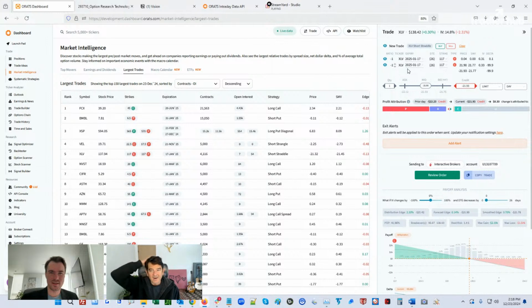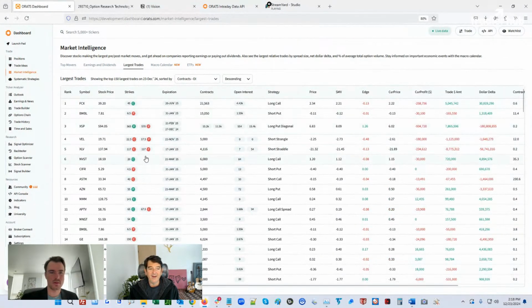Unless they had the stock and they were doing some type of a conversion, but it doesn't look like it. So again, a weird trade like that, I'm not gonna bother with that one, Tyler. But it's interesting. All that is just selling an in the money call. Again, not sure why you would do that.